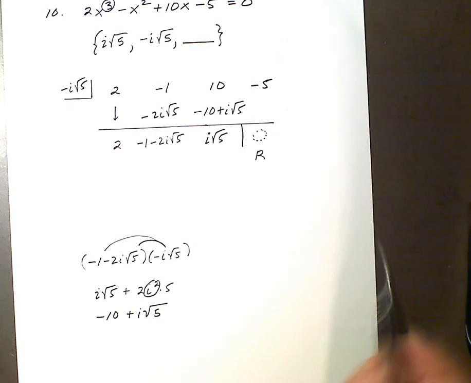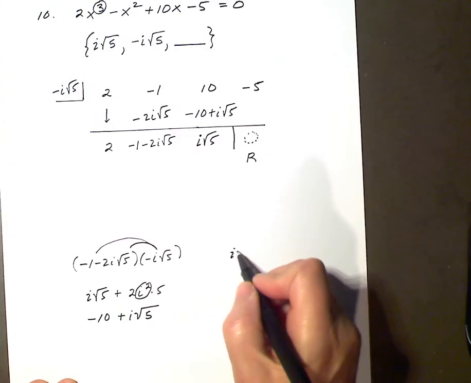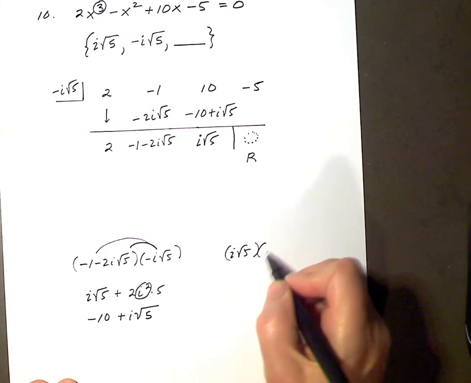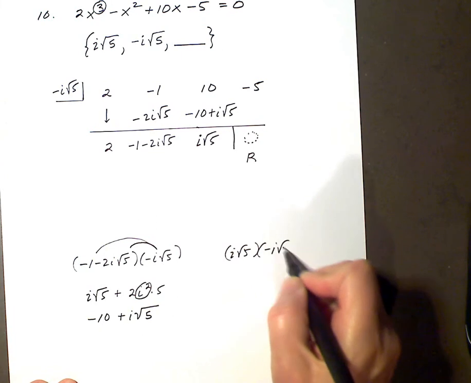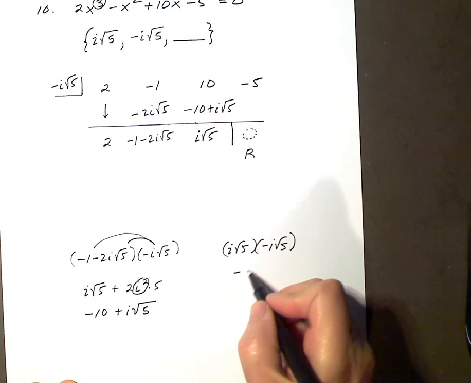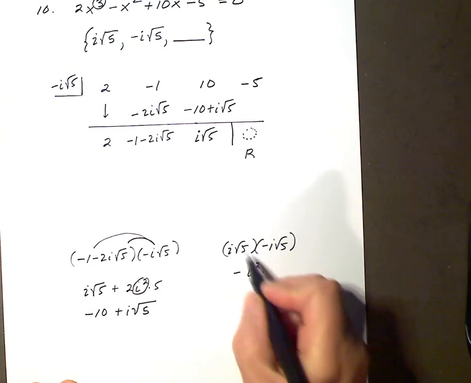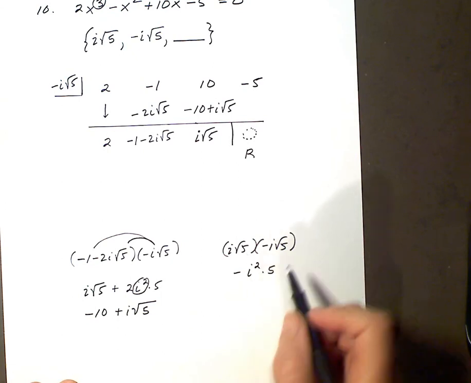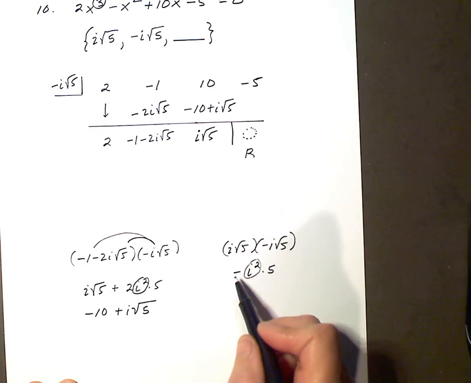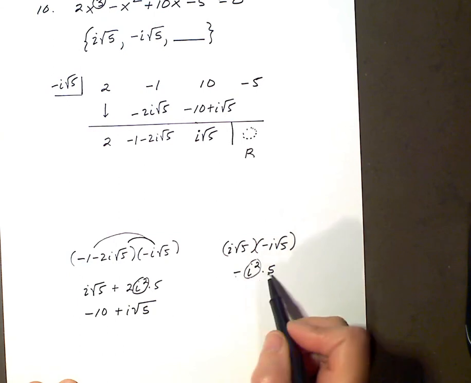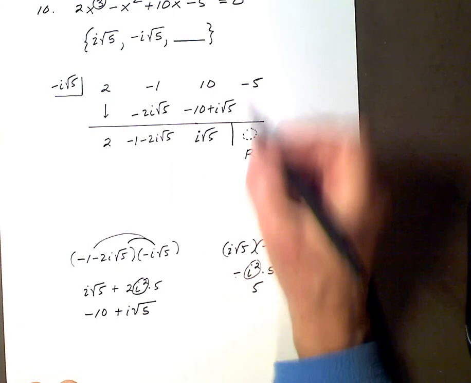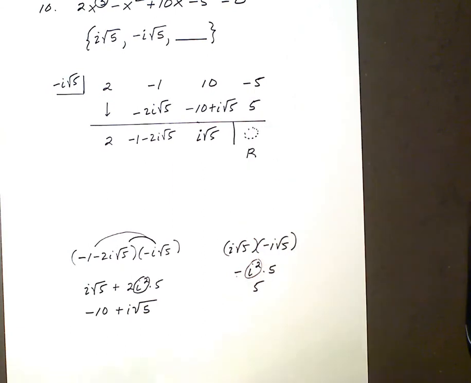So now, multiplying the i root 5 by negative i root 5, I get negative i squared times root 5 squared, so times 5. So this is a negative 1, so I get the opposite of negative 5, so I get a positive 5, which I knew I had to get there, so I got a 0 here.